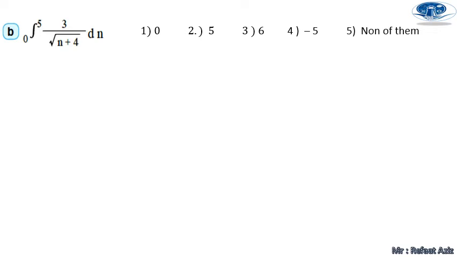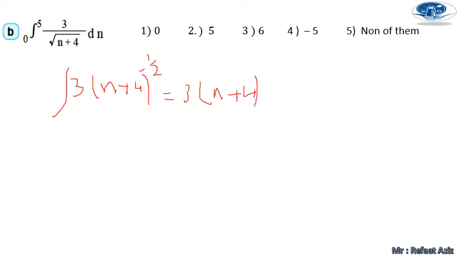To find this integration, we will write 3 times (n + 4) all to the power -1/2. Then to find the integration, it will be 3 times (n + 4) to the power -1/2 + 1, divided by a half.